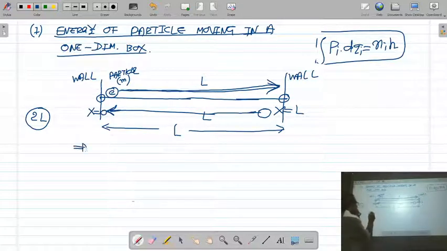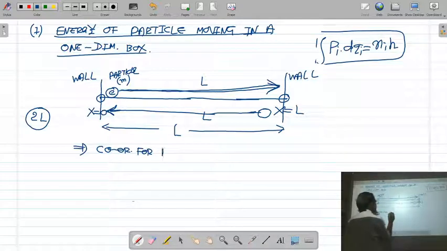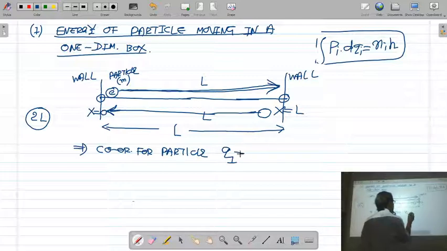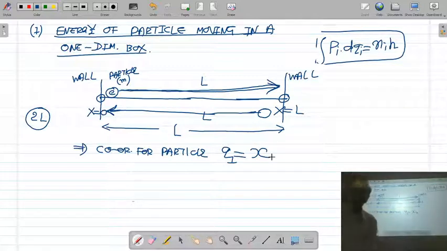Okay. So I write the coordinates of this particle, q1 is equal to x only, because the particle is moving only along the x direction, so it has only x coordinate. When the particle is here, its x coordinate will be 0.